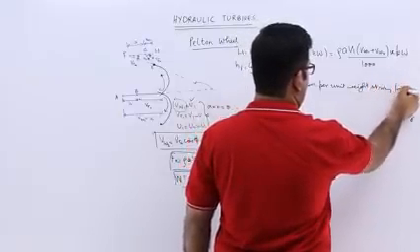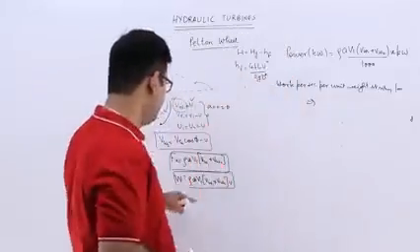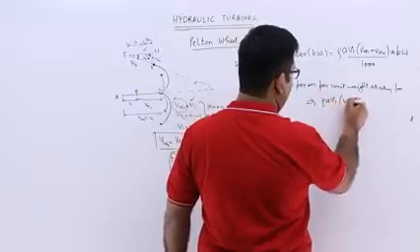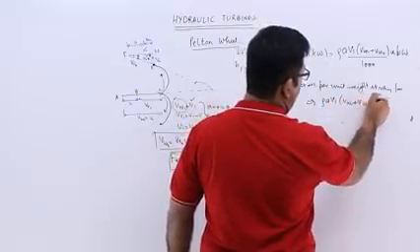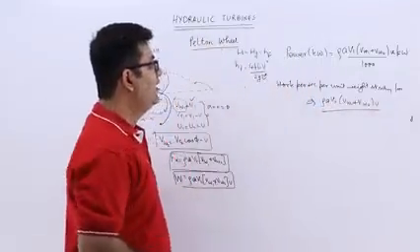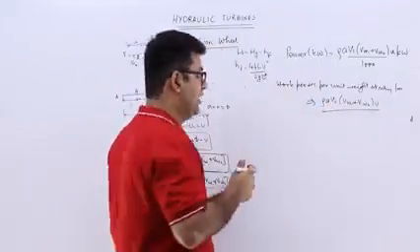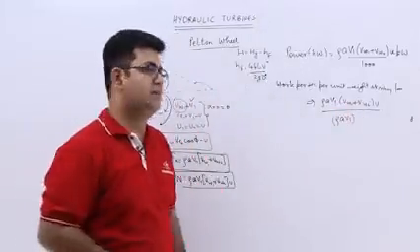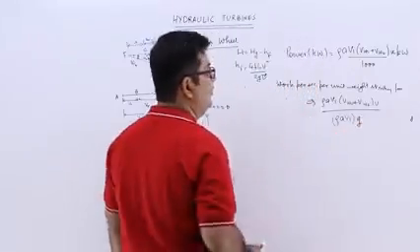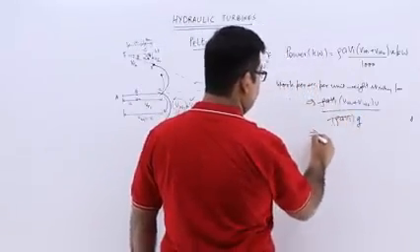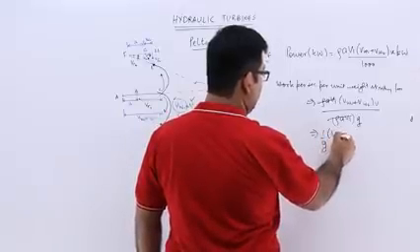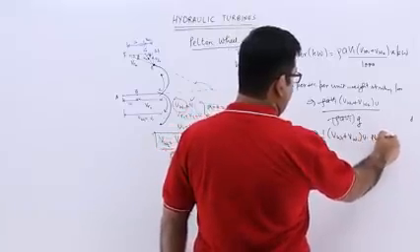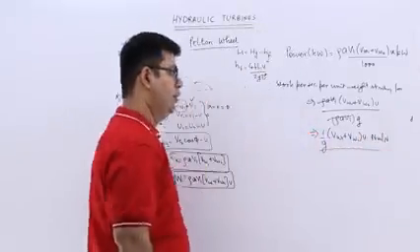So you will have your work done per second, which is this one: rho A V1 into VW1 plus VW2 into U divided by the weight of the water striking per second. So rho A V1 is the mass of the water striking per second. If you multiply that with g, you get the weight. So you can straight away strike off this, and this would be 1 by g into VW1 plus VW2 into U Newton meter per Newton.